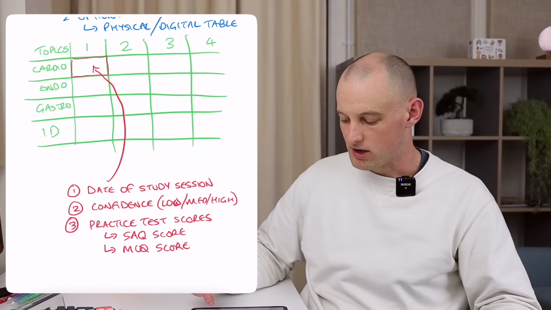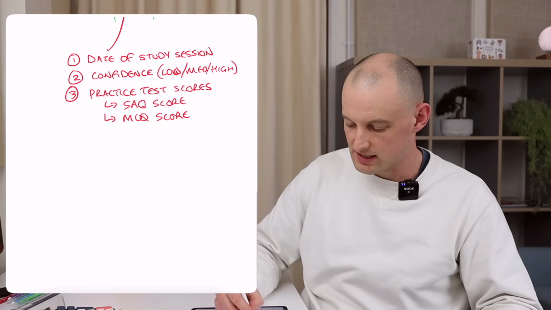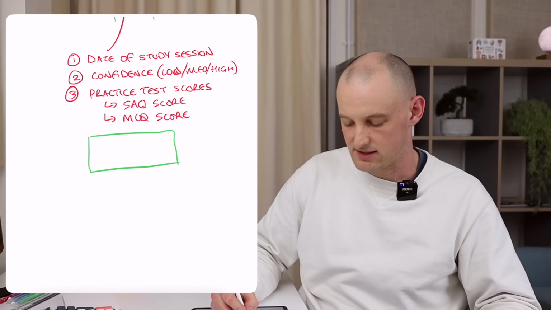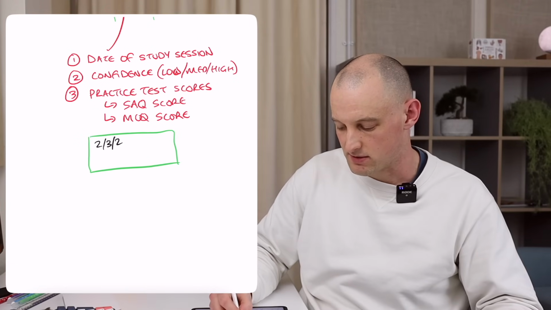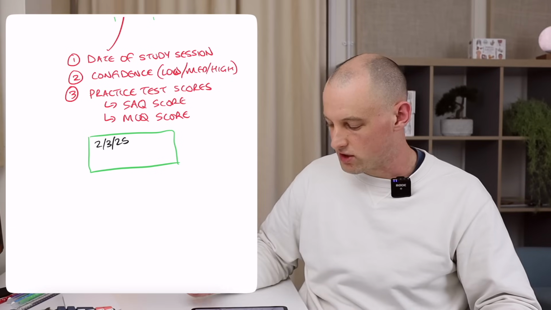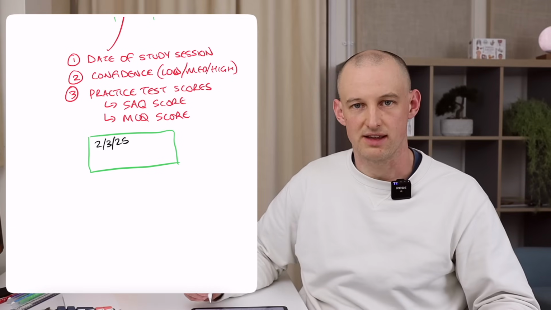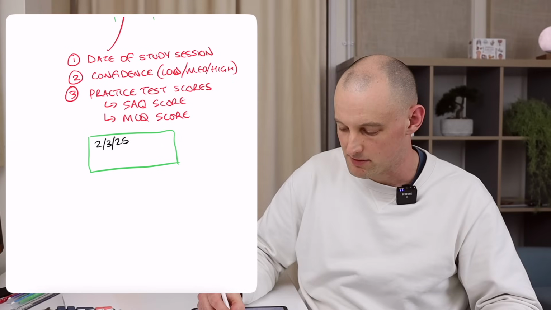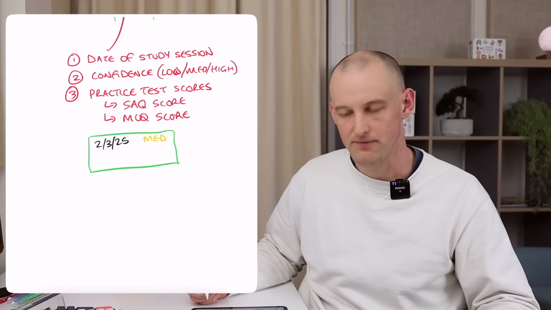So in that box, it will look like this. When you sit down and do cardiology, you'll have the date. So let's say it was the 2nd of March 25. Then you have your confidence level, and you could even do a different color depending on your confidence. So let's say you've got medium confidence, so you put it in amber.